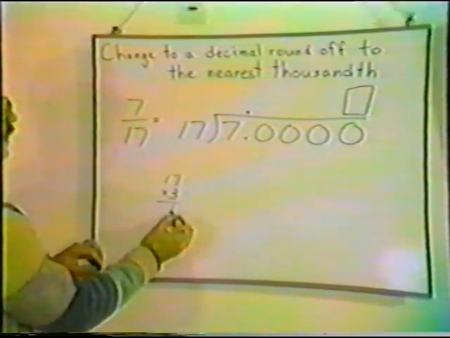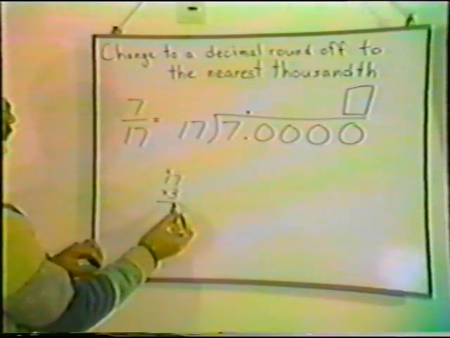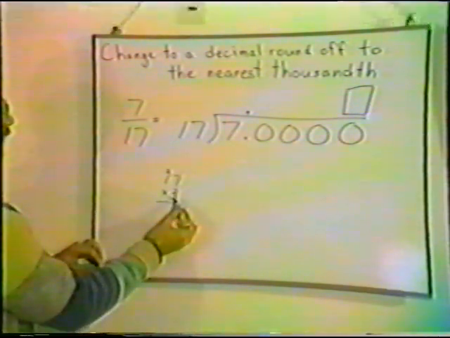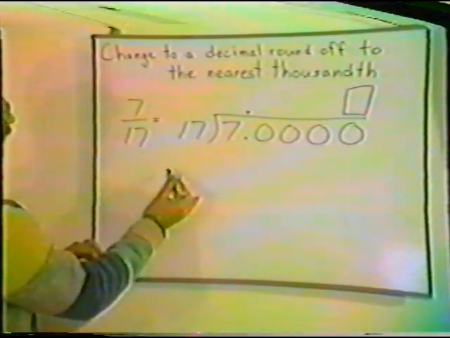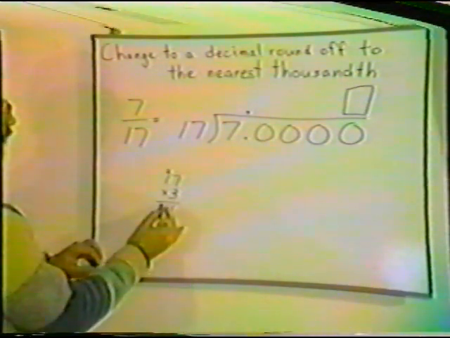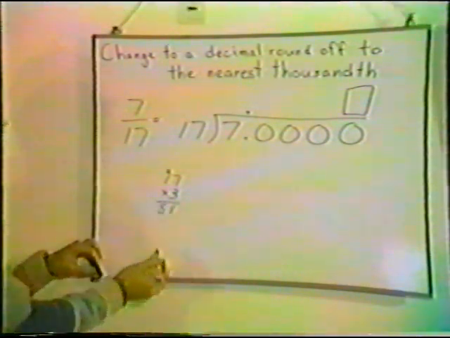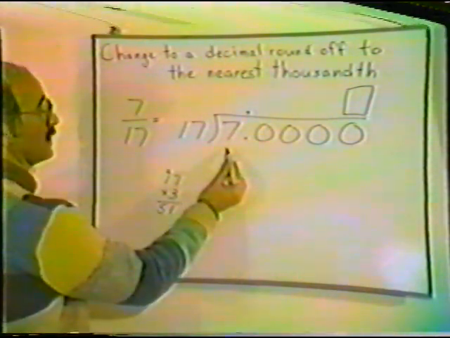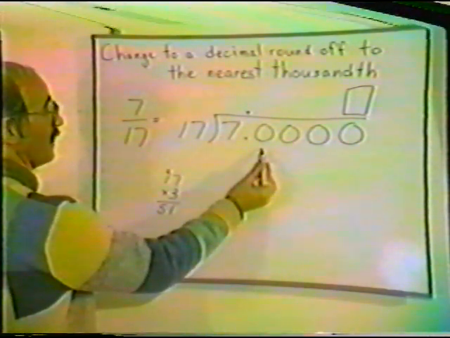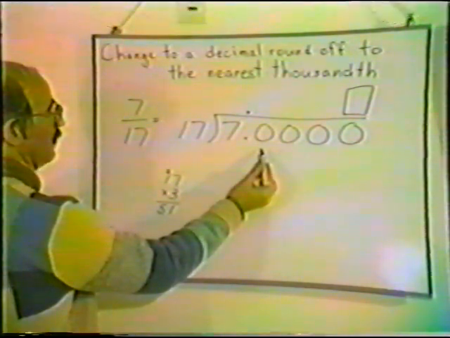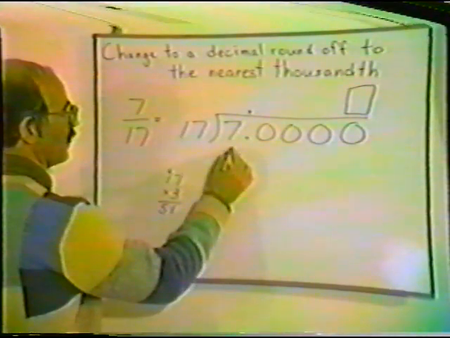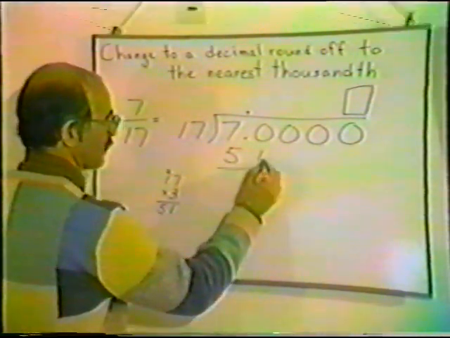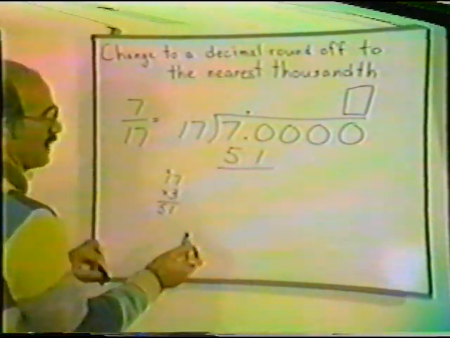Put down the 1, carry the 2. 1 times 3, 3, plus 2, 5. 51. Now 51 is smaller than 70. That's good. But what happens when we subtract 51 from 70?